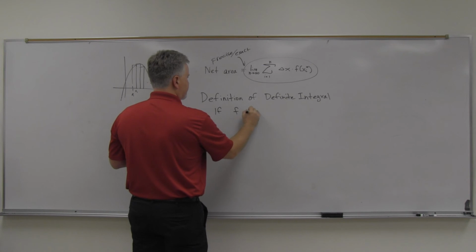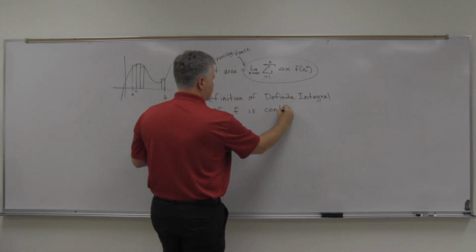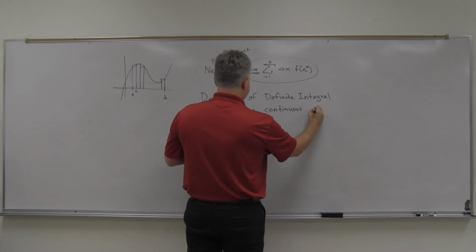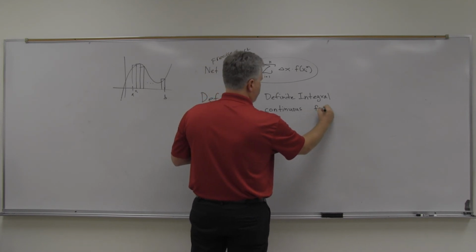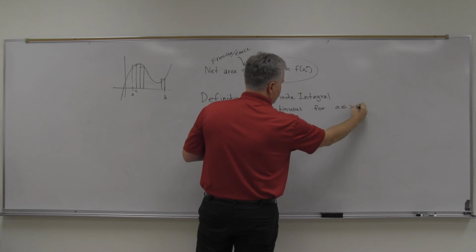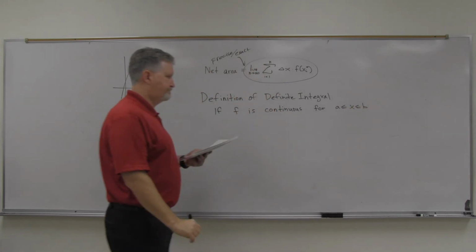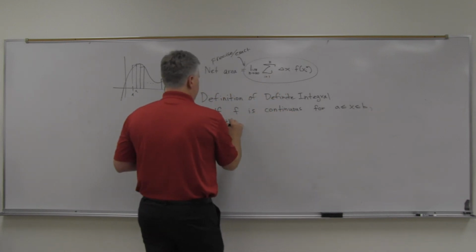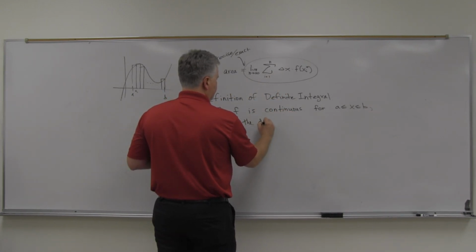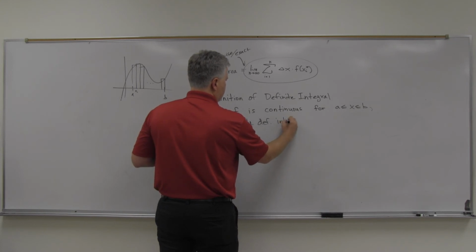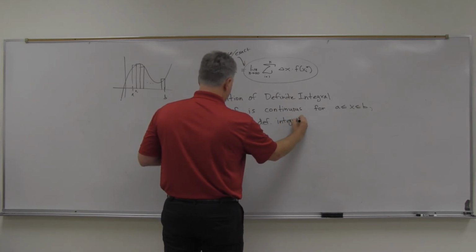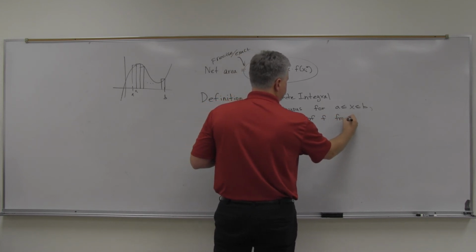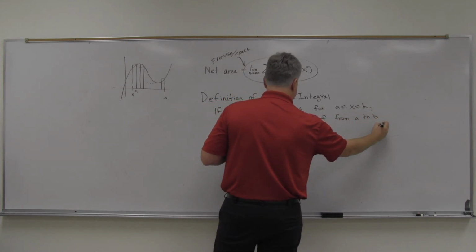If f is continuous for x between a and b, then the definite integral of f from a to b is this.